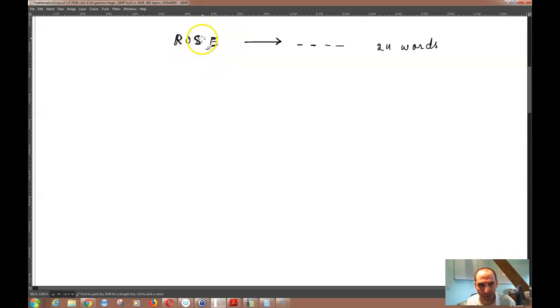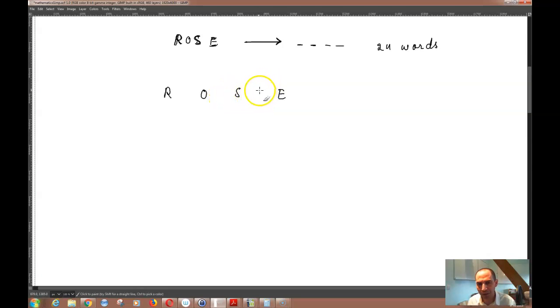Meaning, for example, you have the letters R, O, S, and E. These 4 letters are your objects, and permutation is the different arrangements of these letters, taking some of them or all of them at a time.